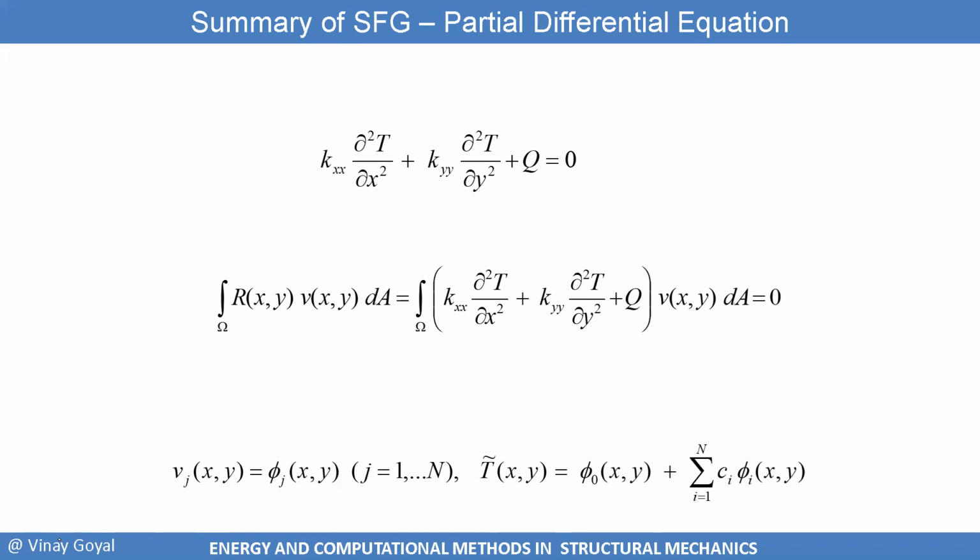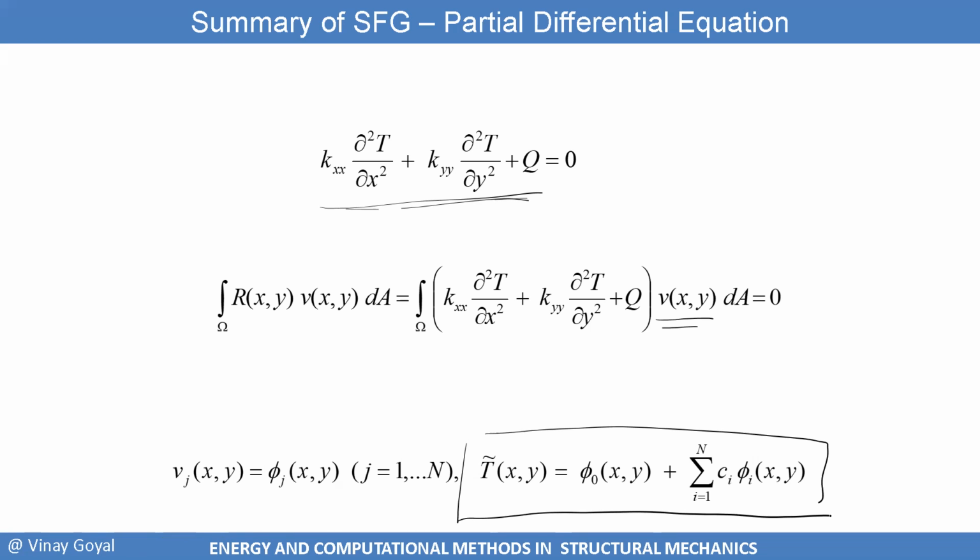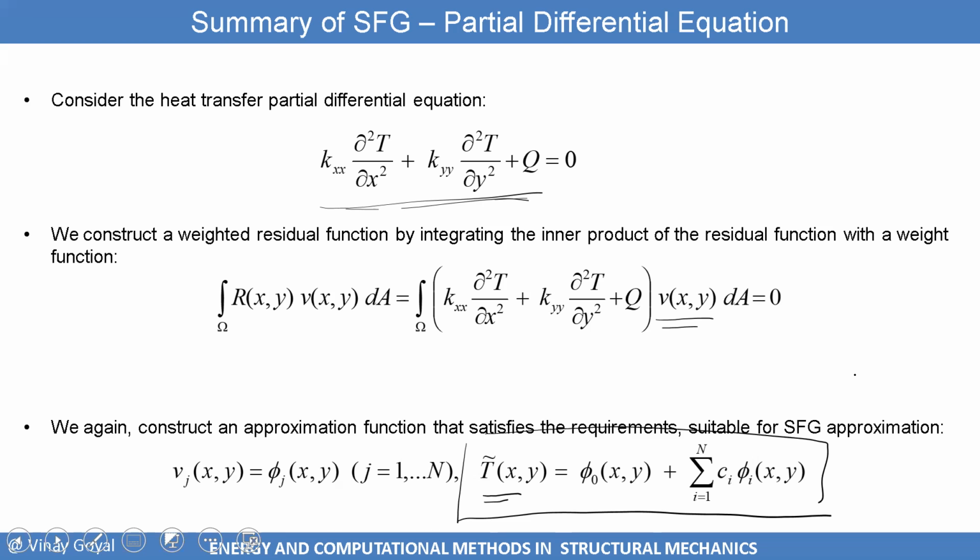So very important. Here you have your partial differential equation, in this case in a two-dimensional domain. And then here again, I multiply it by a function v, and I'll then approximate the solution by selecting a temperature approximation, and that will then be plugged in here, and then we'll have a number of equations again.